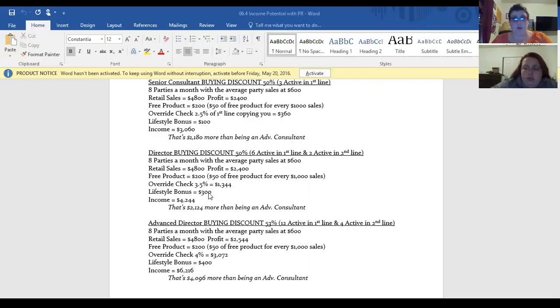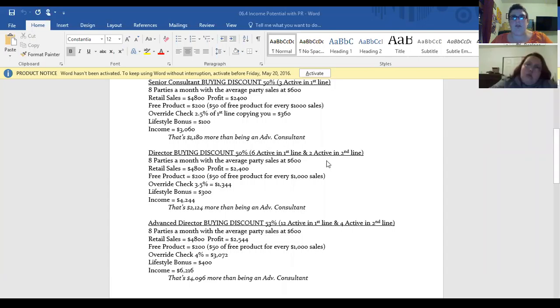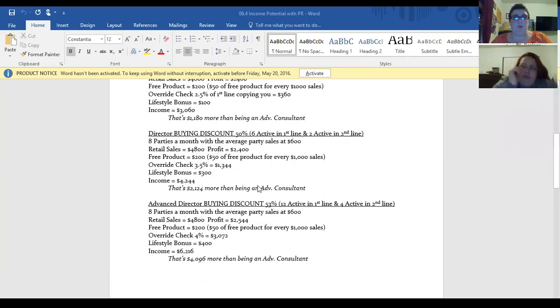Then you got a lifestyle bonus of $300. So that bumped your income up to $4,200 for the month. That's an extra $2,124 over an advanced consultant. So literally you added 6, 7, 8 people to your team and are still doing the same work that you were doing, but are getting a bonus and a thank you for adding those people.